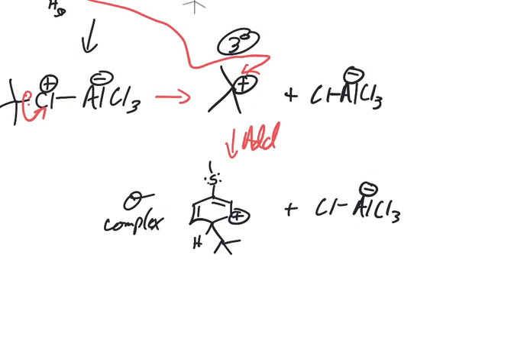Now we need to do the elimination. So the elimination is we got to regenerate the catalyst. So the electrons in the bond between the aluminum and chlorine, we're going to take the H. We're going to do this like E1, right? Elimination. We're going to get the product.